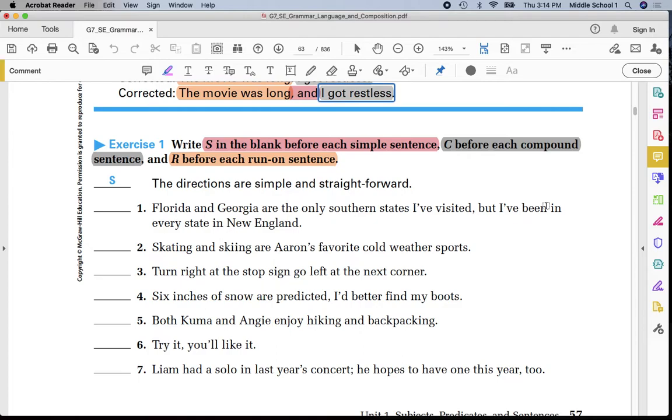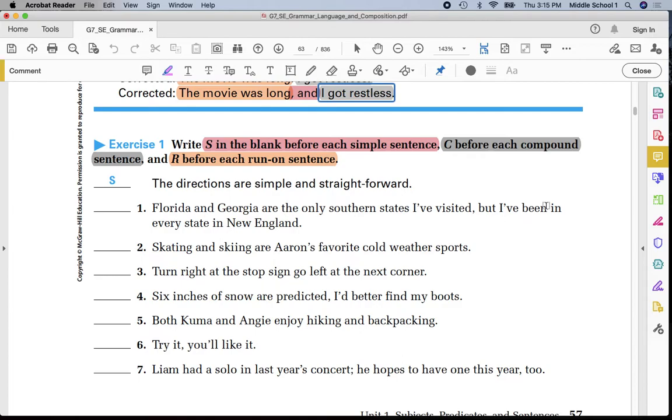If the words are compound sentences, I will put a C on the blank. If it lacks punctuation, comma, conjunction, or semicolon, I'm going to put R on the blank. Example. The directions are simple and straightforward. S. Simple sentence.